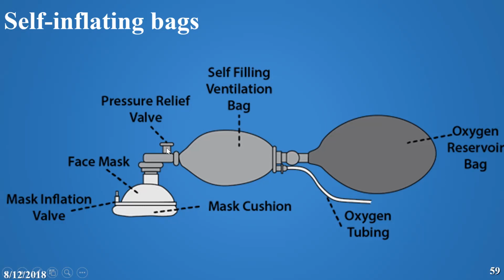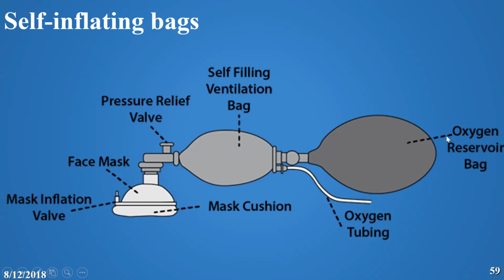And you can see the pressure relief valve or the pop-off valve, and the benefit of this valve is whenever you squeeze the bag to inflate and you are very anxious, the baby is dying, to prevent excess pressure, there will be a release. If you give more than a certain amount, this valve will relieve it.